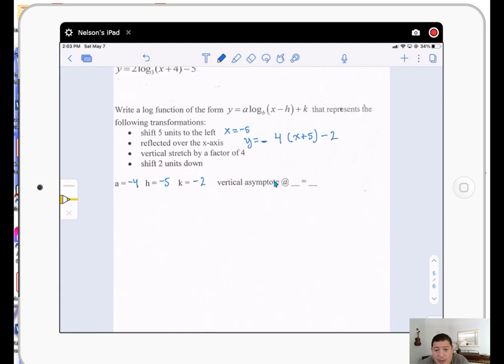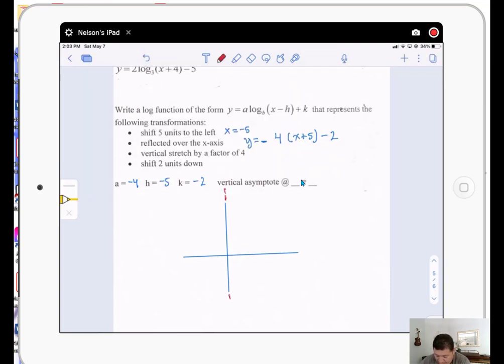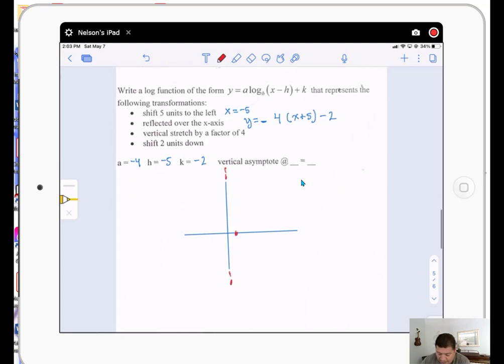And the vertical asymptote. That's a great question. Where is the vertical asymptote? So once again, get used to always graphing the parent graph first. Okay, parent graph is going to look like this. So the very first thing that we want to move is the vertical asymptote.